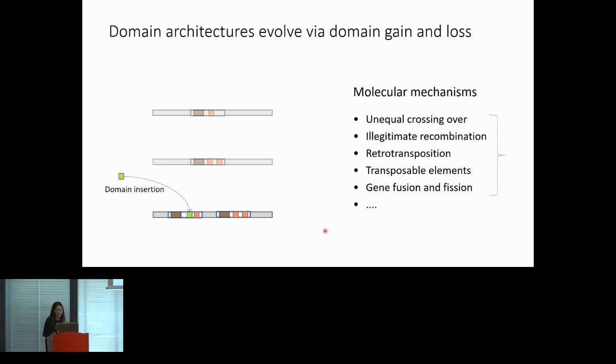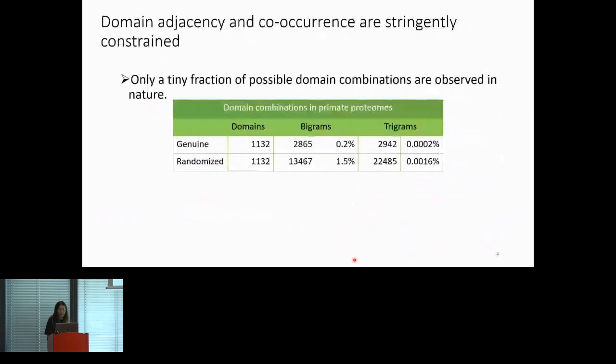And you can lose a domain and then get another green domain inserted. And now we have this family of domain architectures encoded by genes that share common ancestry. So in theory, these processes have the potential to generate any domain combinations over the course of evolution.